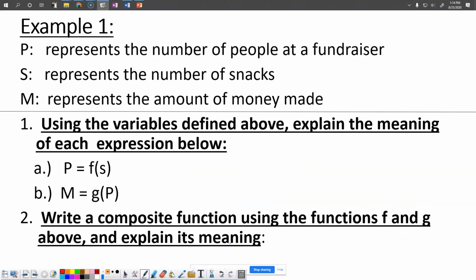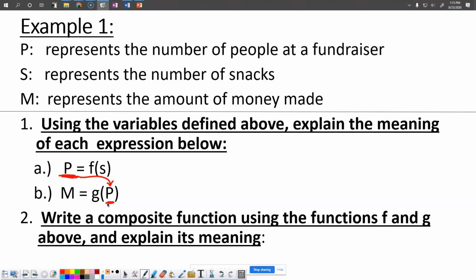Let's go ahead and take a look at number 2 now. Number 2 says, write a composite function using the functions f and g above and explain its meaning. Okay? So, here's what I want you guys to notice: the output of this function becomes the input of this function.